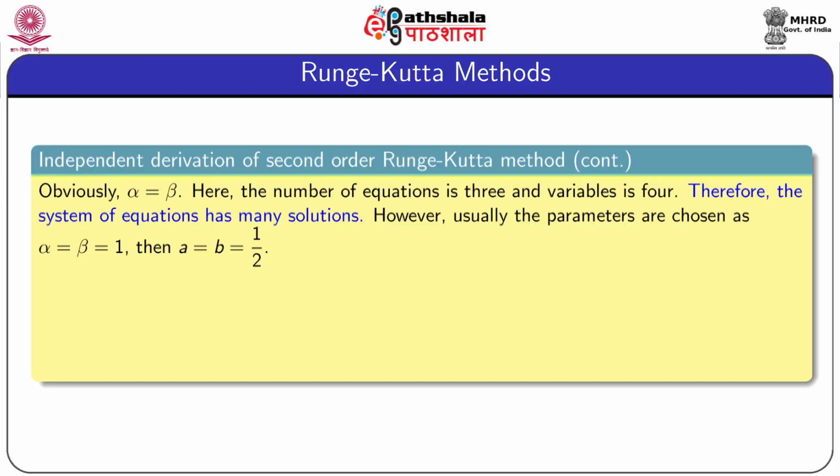For another choice of the parameters we get another second order Runge-Kutta method. For this reason, the second order Runge-Kutta method is called a family of methods.